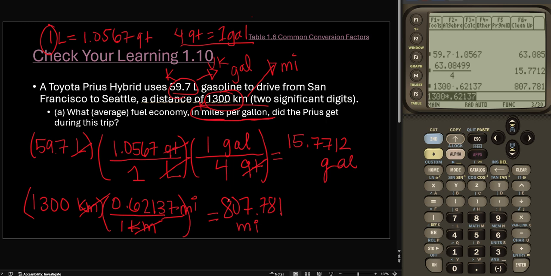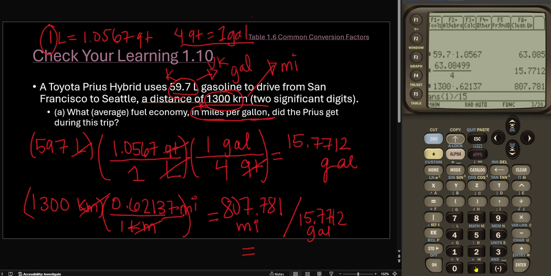Okay, so the problem is asking for miles per gallon. What we need to do is divide this by the gallons. Remember, we're keeping all sig figs necessary until the very end. So let's go ahead and take that 807, and we can just go ahead and press divide, and it populates your answer there for you.